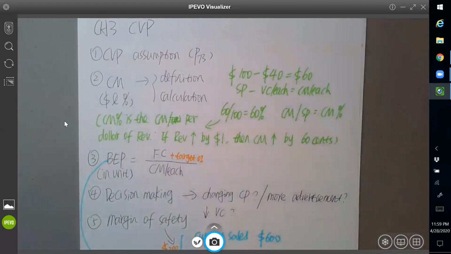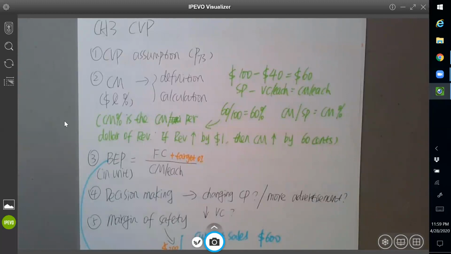I use per unit. Then contribution margin percentage will be 70%. So that means, whenever your sales increase by $20, your contribution margin will increase by 70% of $20, which is $14.